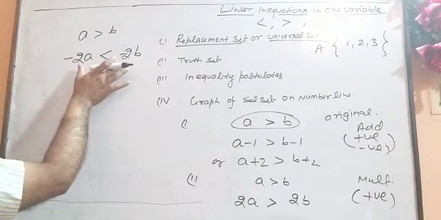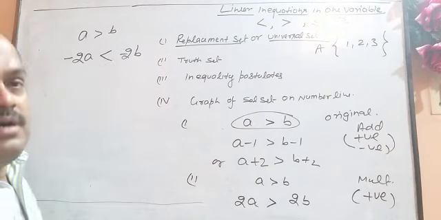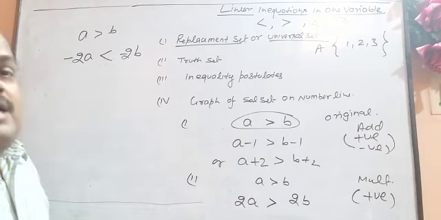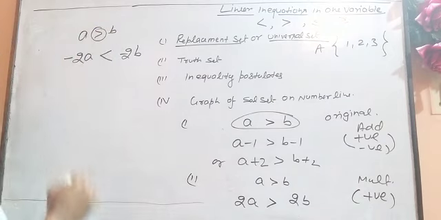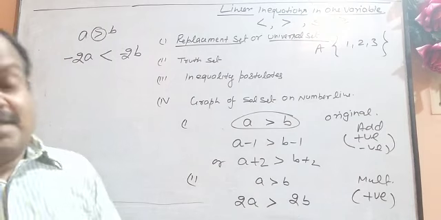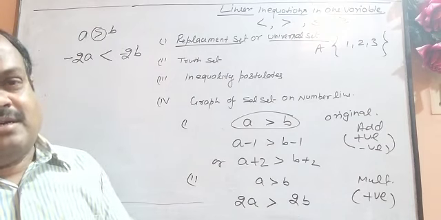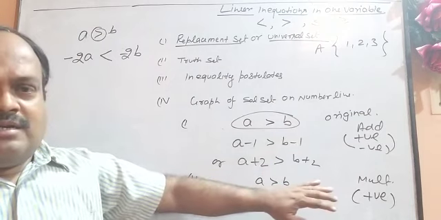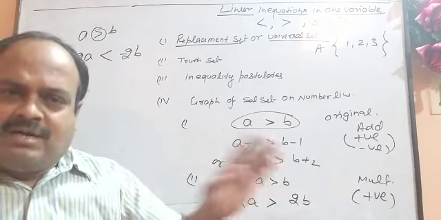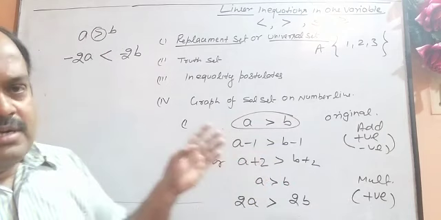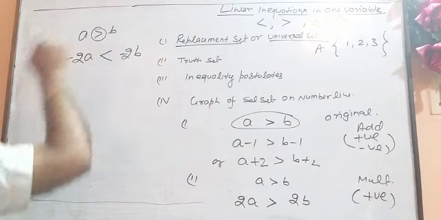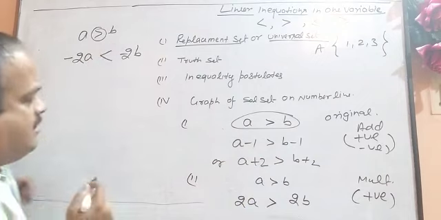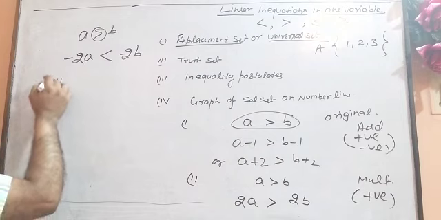So when we do the multiplication with negative number or division with negative number, this symbol changes. We need to be careful while doing. Addition, subtraction with the same number does not make any change, but multiplication with negative changes the symbol. Be careful.